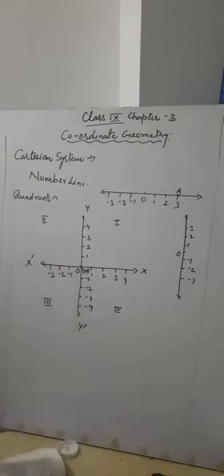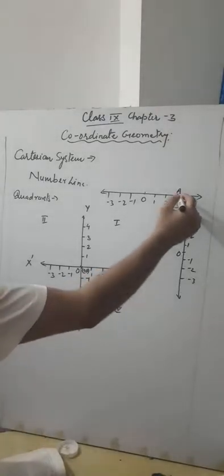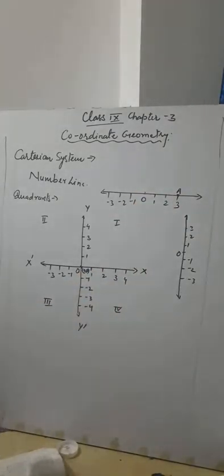So 0, 0, there are two numbers in a bracket. Here this is only one point, but in this system we take any point in a pair group.